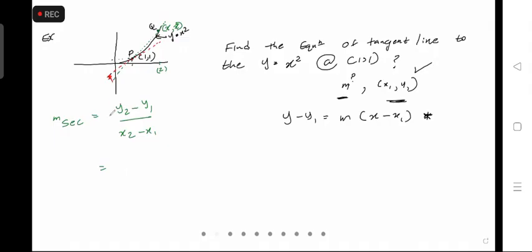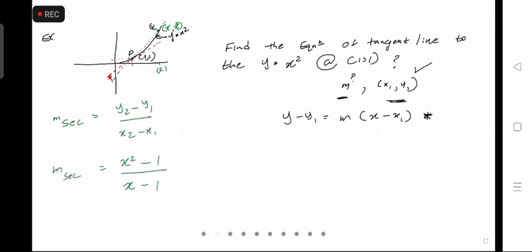First you substitute. y2 means here x squared. y1 means 1. x2 means x. x1 means 1. Right? This is the gradient of the secant line.